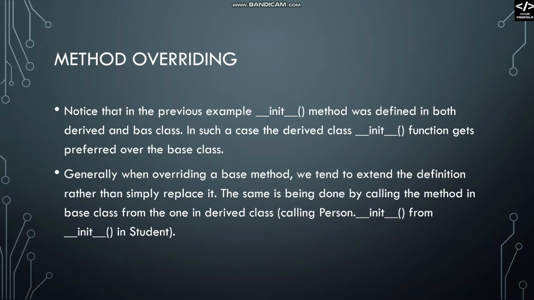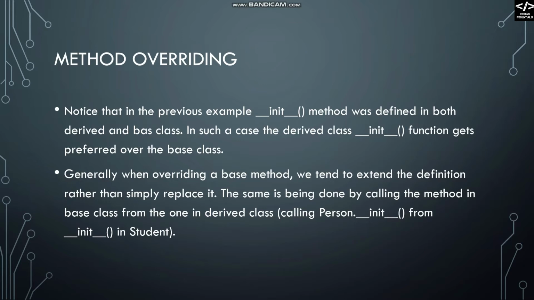Therefore, we had a new attribute known as roll number while defining an object inside the Student class. Generally, when overriding a base method, we tend to extend the definition rather than simply replace it. Yes, we extended it by name, age and roll number. We gave an extra attribute, roll number, and we did not replace everything.